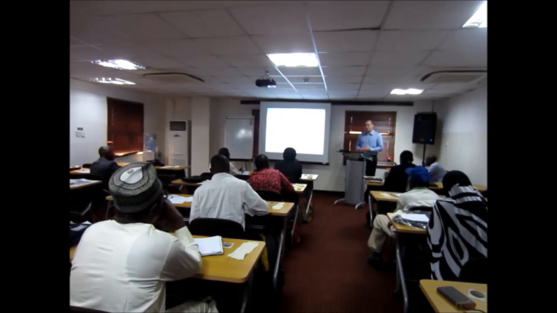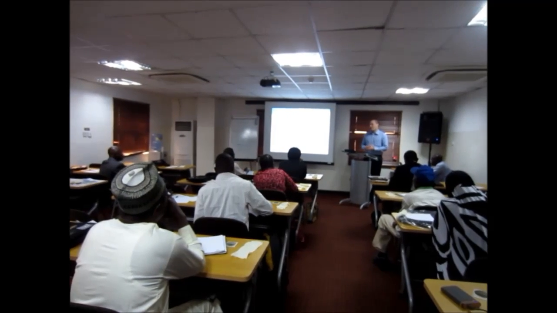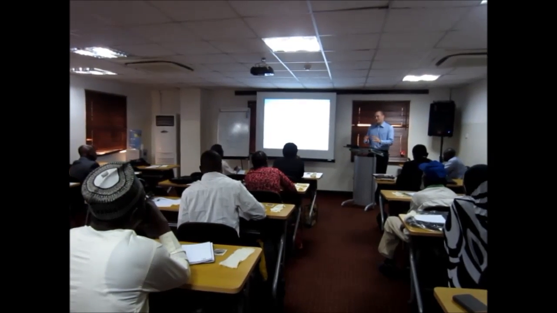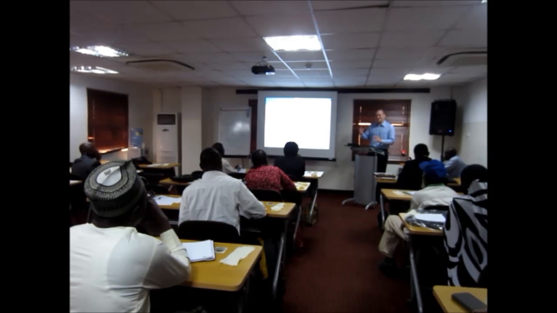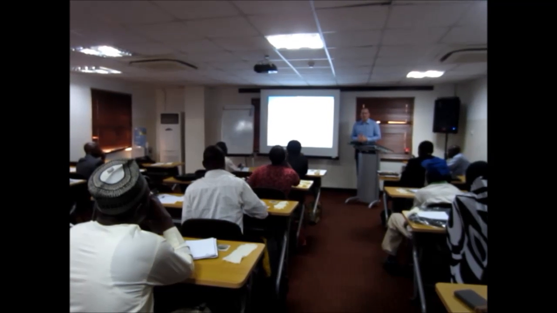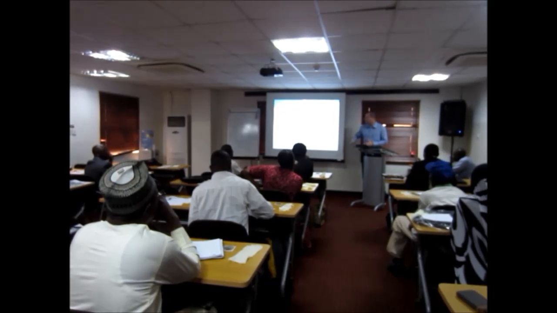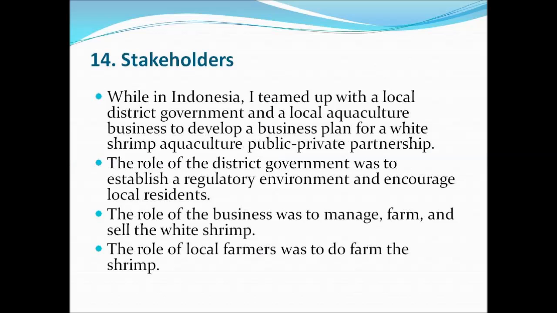So, like I said, I teamed up with the local district government and a local aquaculture business. And we developed a business plan for a white shrimp aquaculture public-private partnership. The district government was to establish a regulatory environment and encourage local residents to take part in the farming practices.